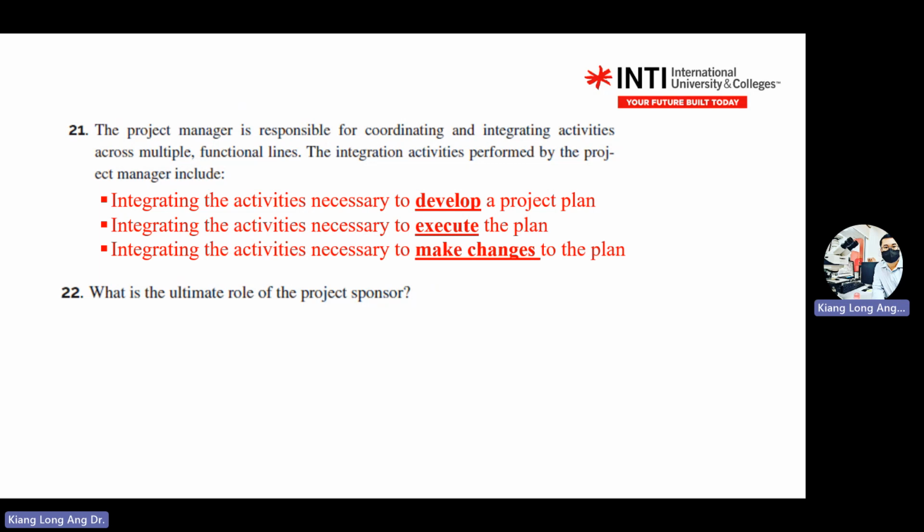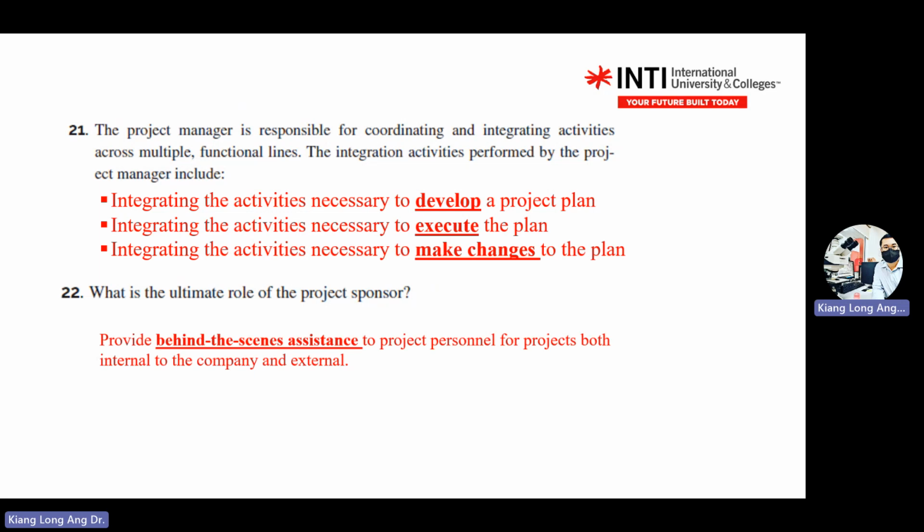Oh, you mean they give resources. Okay, you can elaborate based on this point. Behind the screen assistance means they do not interrupt with the operation. Anything, you can elaborate, any example you just throw.